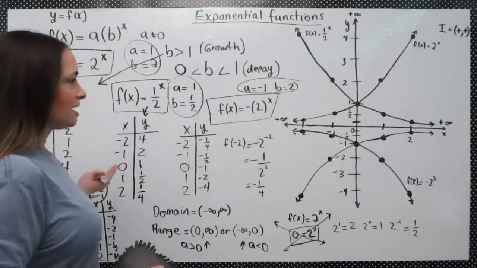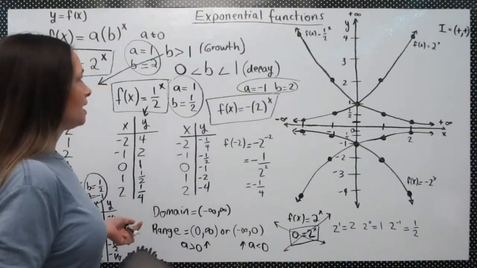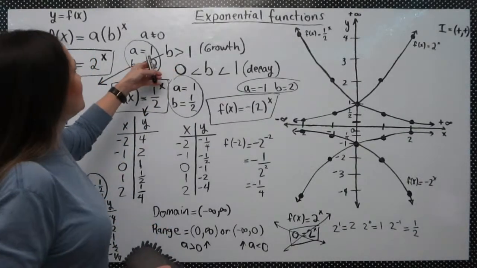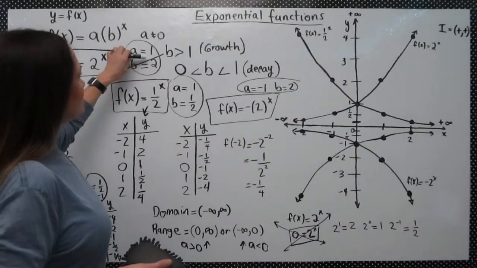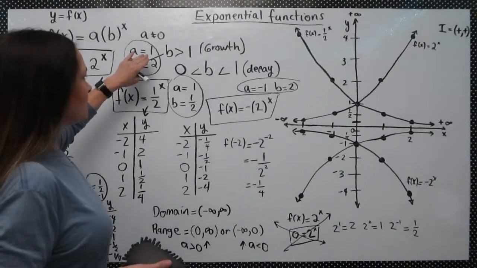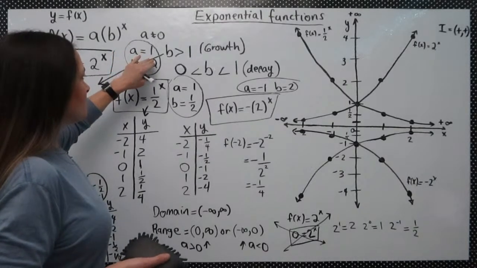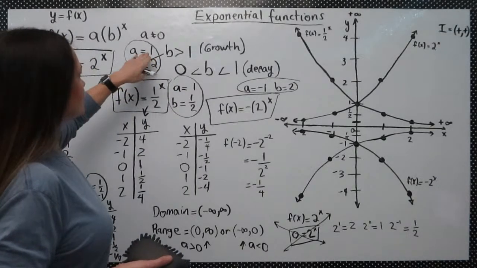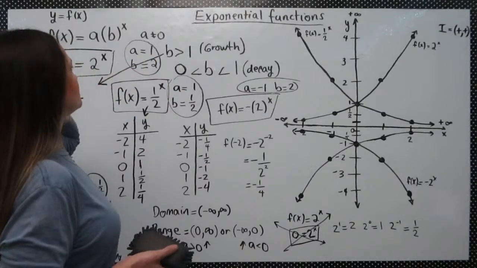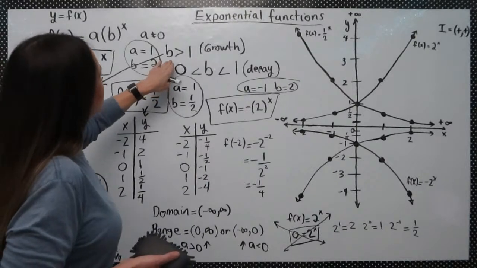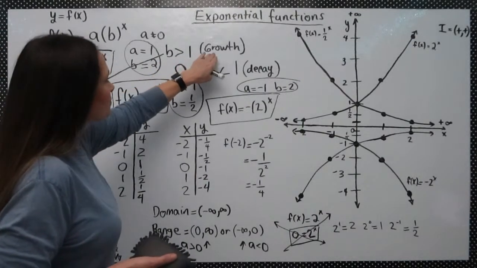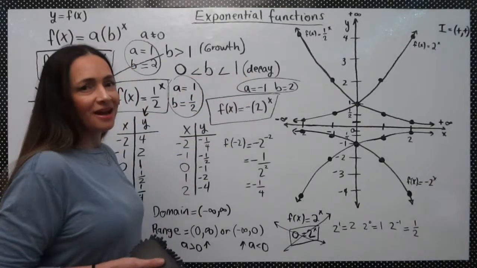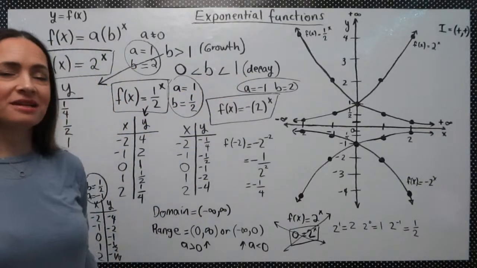With the growth and decay models, you have to have an initial starting value. So A can't be 0, but A can be a fraction. It can be any number as long as it's not 0. But B has to be greater than 1 for a growth, and between 0 and 1 for a decay.